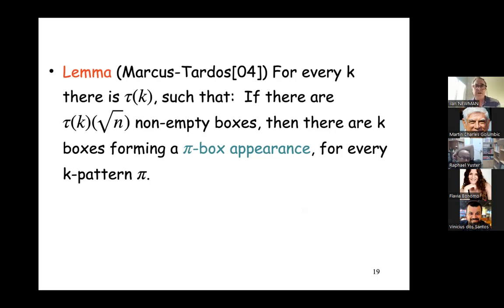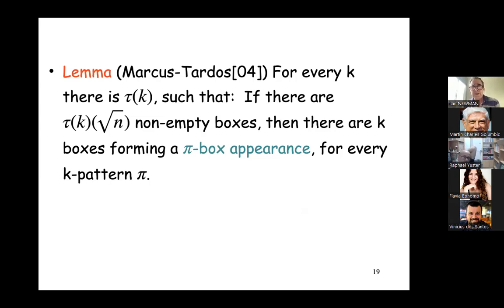It says the following: for every k, there is another constant, tau, depending on k, such that if there are more than tau of k times square root of n non-empty boxes, then there are k boxes forming a pi box appearance for every pattern pi of size k.